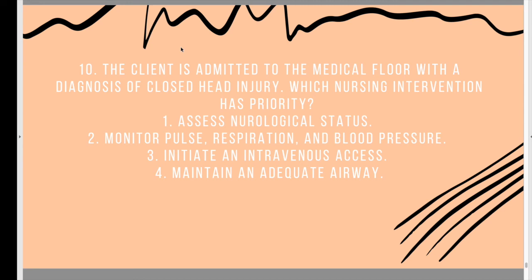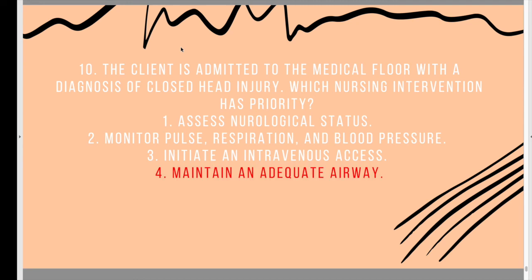But we need to prioritize. Which is our priority? With all these options, our priority, of course, is the airway. So the most important nursing goal in the management of a client with a head injury is to establish and maintain an adequate airway. So number 4 is the answer.